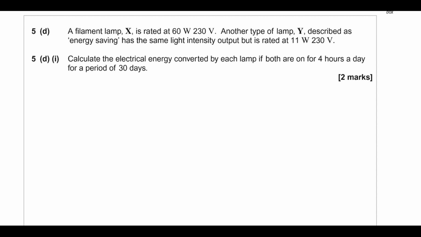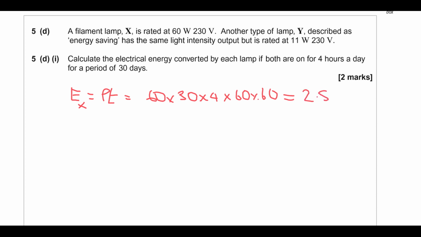Okay, so the equation we are going to be using is E equals PT. So the energy of X is going to be 60. They're on for 30 days, 4 hours a day. To convert that into seconds gives us an energy used of 2.59 times 10 to the 7 joules.